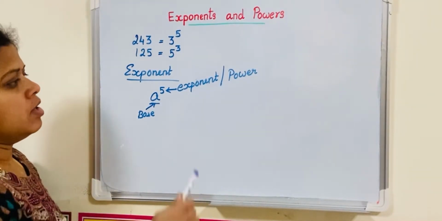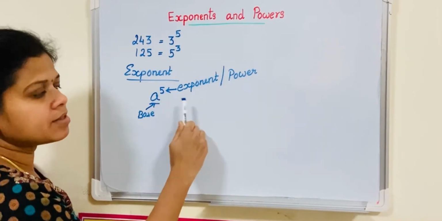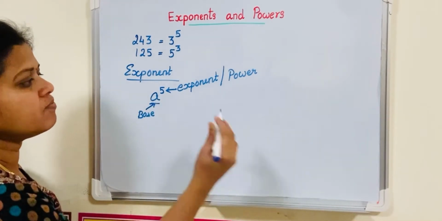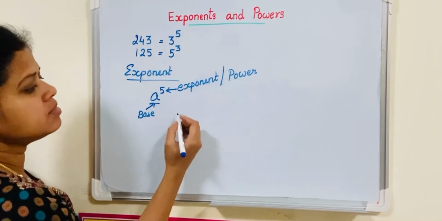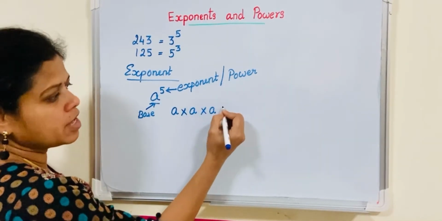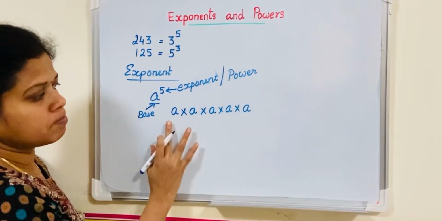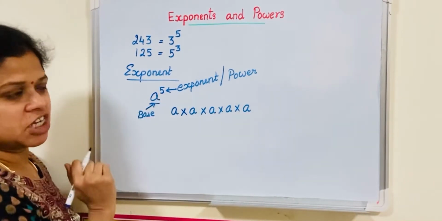So here the exponent 5 tells that the base has to be multiplied by itself this many times. That is, A power 5 means A multiplied by A, multiplied by A, multiplied by A, multiplied by A. How many times is A used here? 5 times in multiplication.